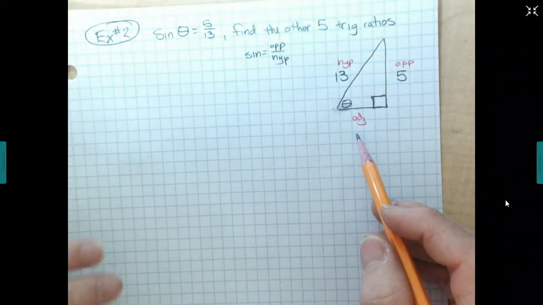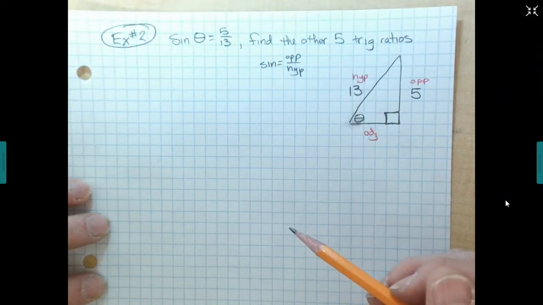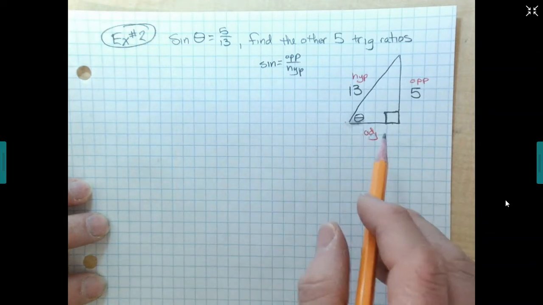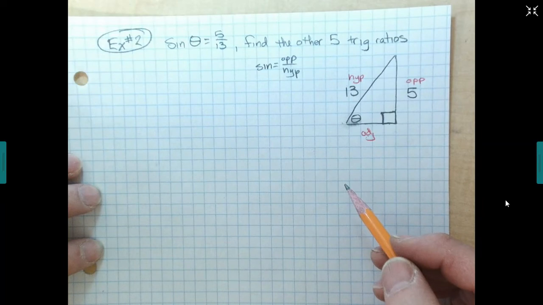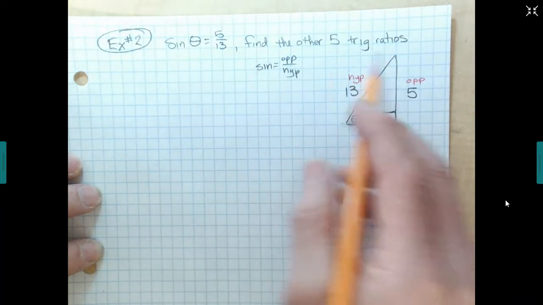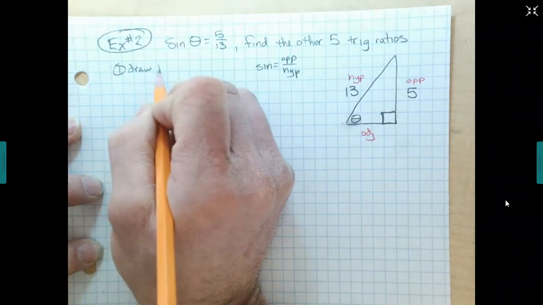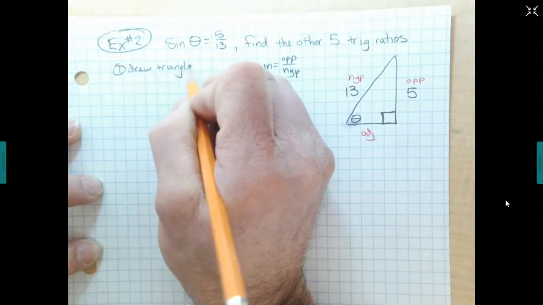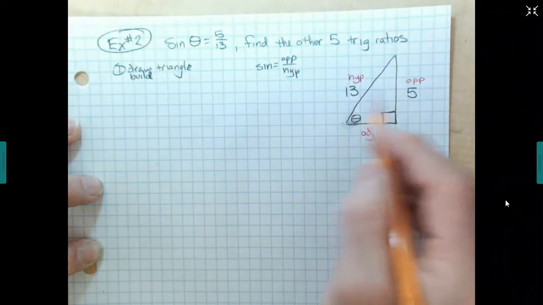So what's my adjacent? Because I need my adjacent if I'm going to do all 5 trig ratios. You're going to have to do the Pythagorean theorem to find this side. So the steps for finding this: first, you draw or build the triangle and input what you know.